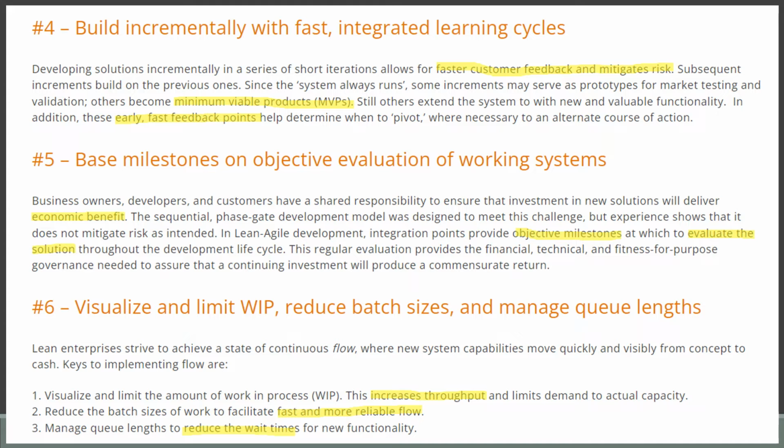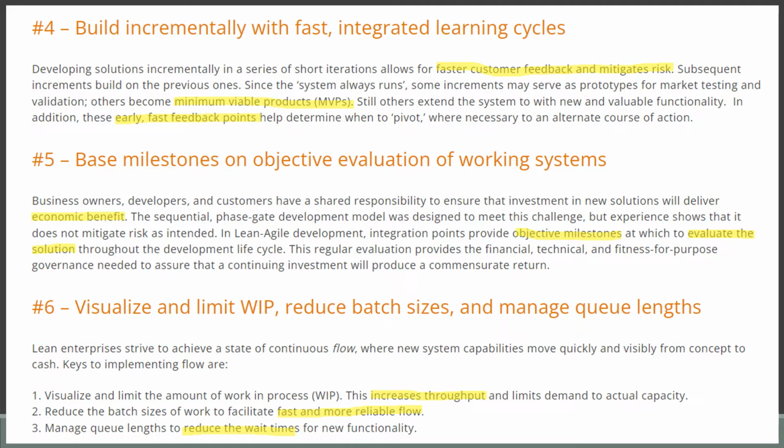So it's very, very important to develop incrementally and get early and fast feedback points. So develop your proof of concept, test it in the market, and develop MVPs as soon as possible. The fifth one is basing the milestones on objective evaluation of the working system.